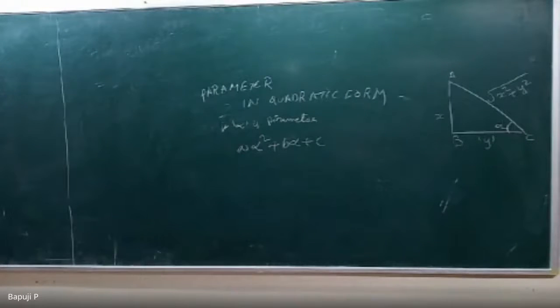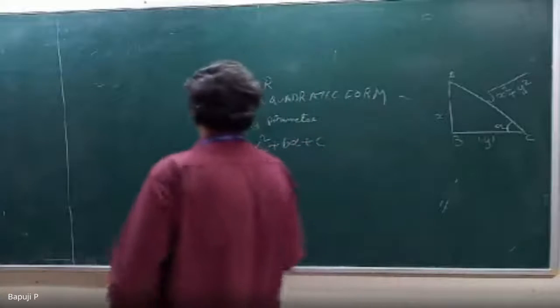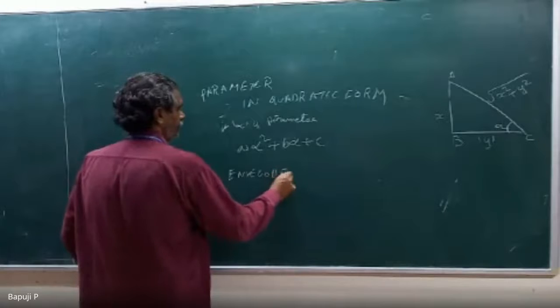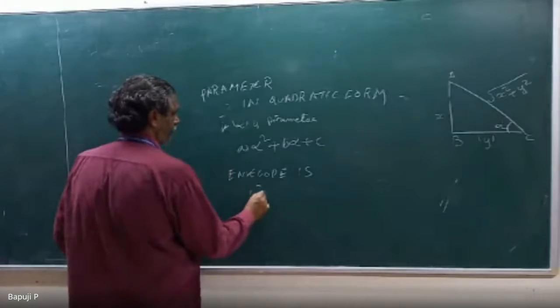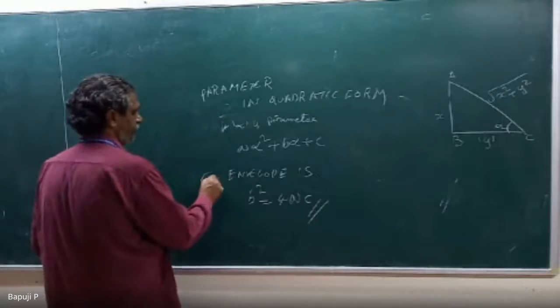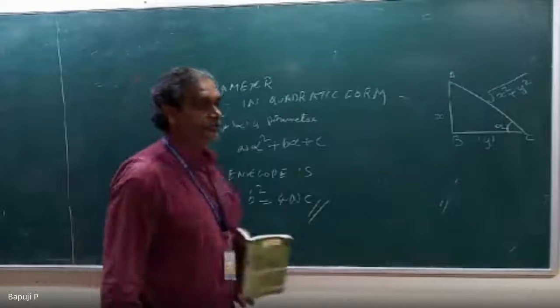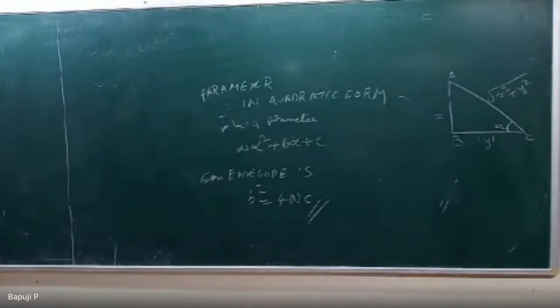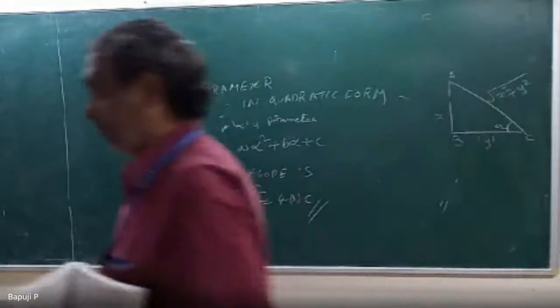B square is equal to 4AC, then the envelope is B square is equal to 4AC. Directly you can write. Note down.